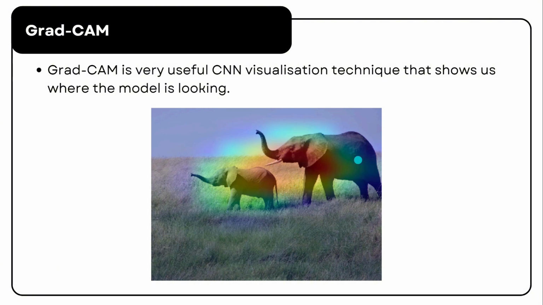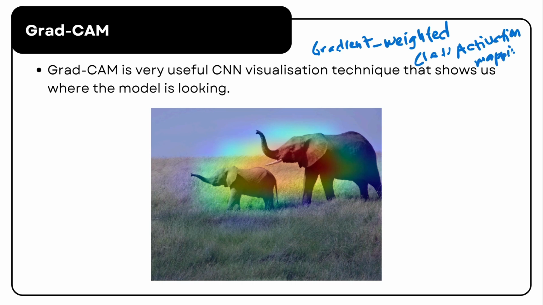GradCam, or gradient weighted class activation mapping, is a really useful technique for visualizing where a convolutional neural network is focusing its attention.